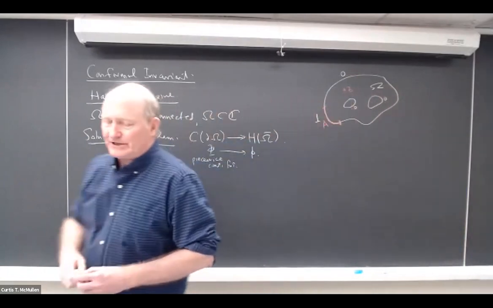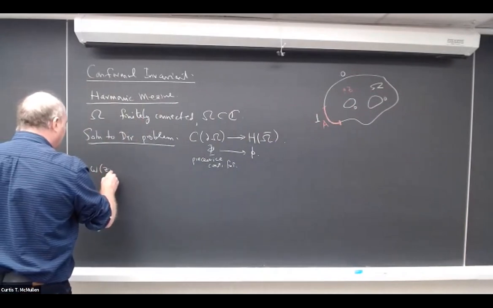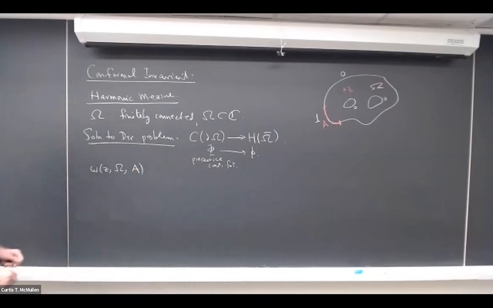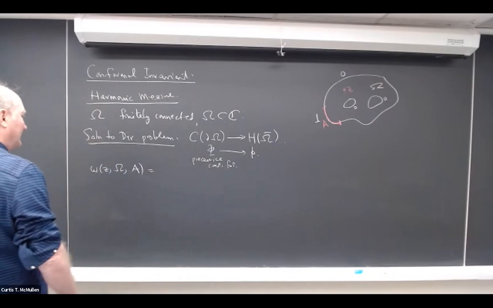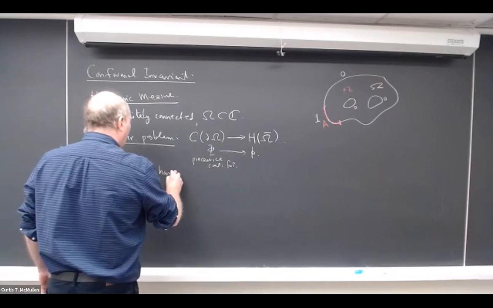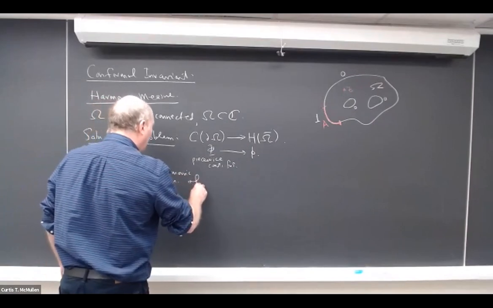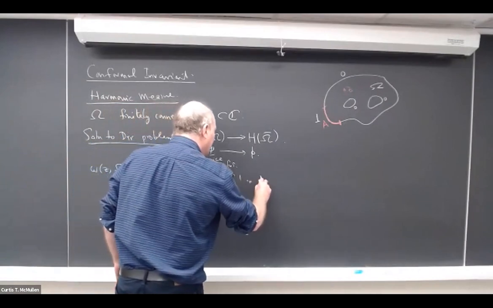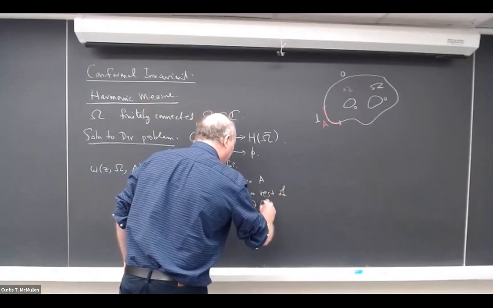And then we see what that function comes out to be at the point Z. So omega of Z, omega, A, the harmonic measure of A as seen from Z through big omega, is nothing more than the harmonic extension of the indicator function of A, which is 1 on A and 0 on the rest of the boundary of omega.